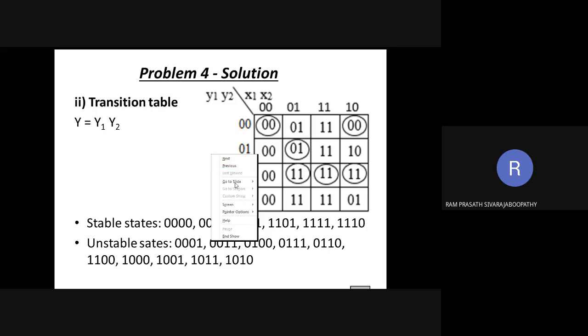Okay, now let's identify the stable states. This combination 0 0, wherever you find it in the row, you just circle it. 0 1, just circle it. 1 1, just circle it. Finally 1 0, there is no 1 0 in this row.